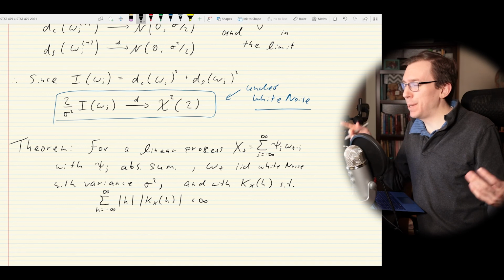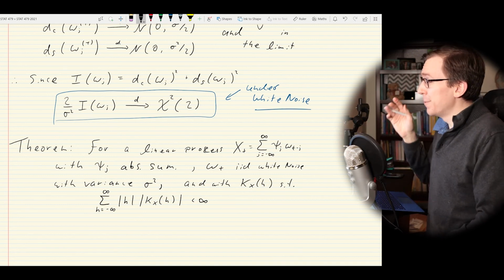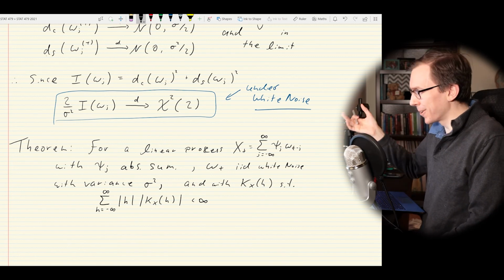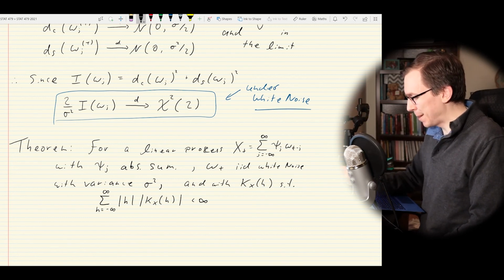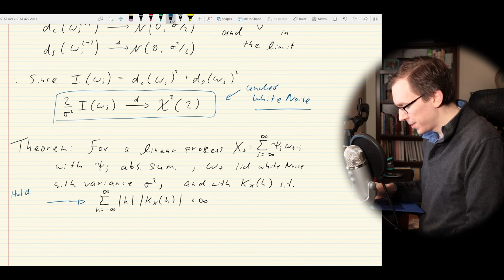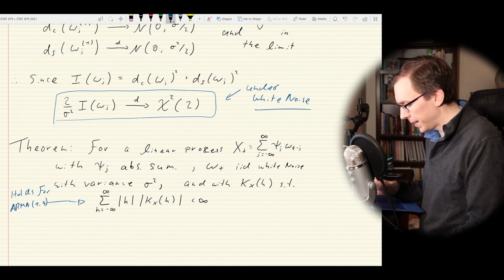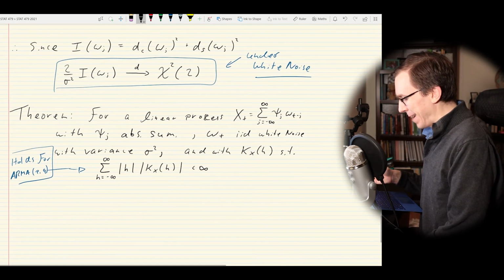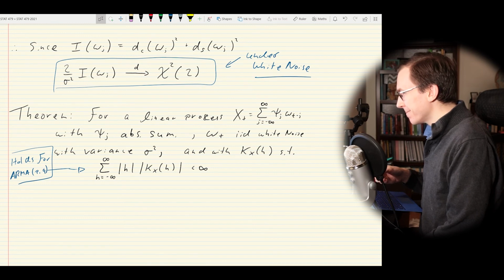If we have a periodic process, it doesn't work so well. But for all the nice ARMA models that we've been worrying about for this entire course, this condition holds. So maybe I'll just write that in the margin: holds for ARMA(p,q), which is great, because that's more or less the only thing we've been talking about in this course the whole time, and this works for ARMA models.